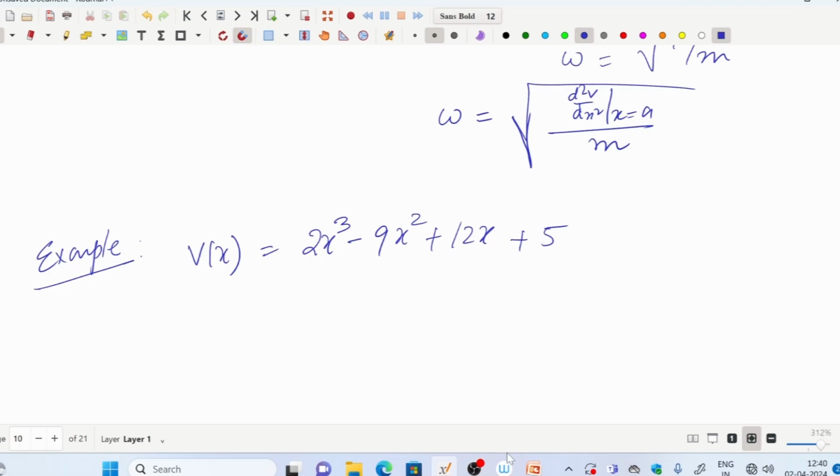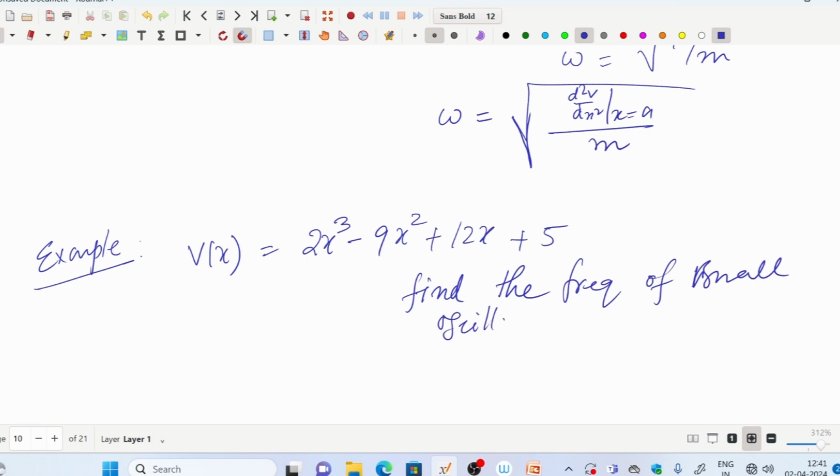Now suppose the question asked is to find the frequency of small oscillation around the minima of the potential.